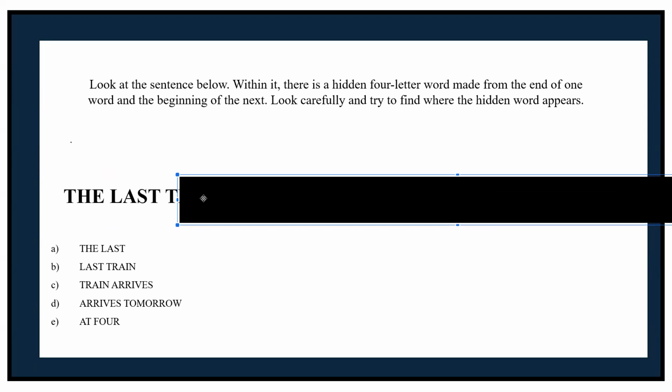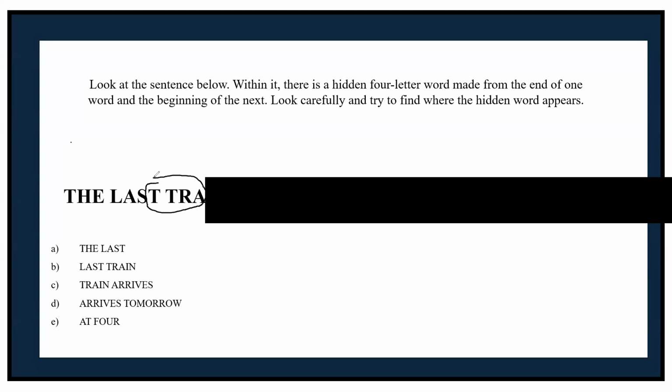Then I'll keep dragging it along until I can find a four-letter word. Some of the options would be three letters in one word and one in the next. It could be two letters in one word and two in the next, but STTR isn't a word. Or it could be one letter in one word and three in the next, but it has to be four letters. And yet we still haven't found our word.